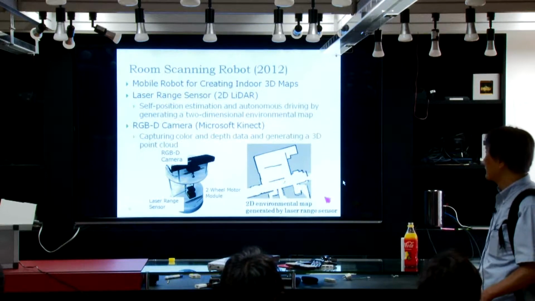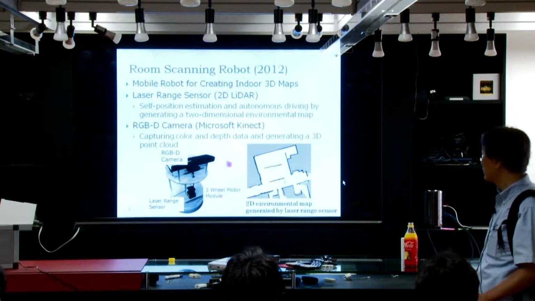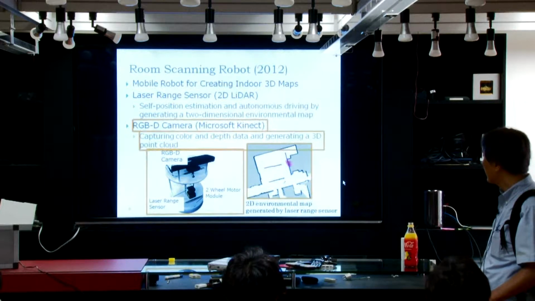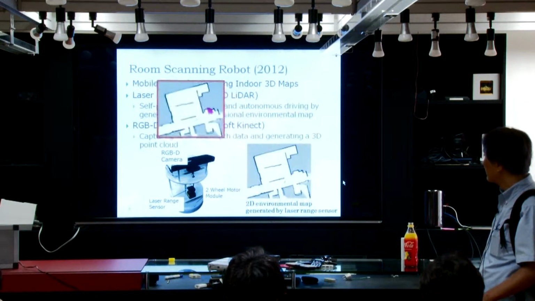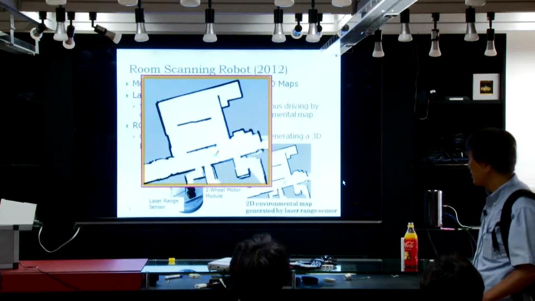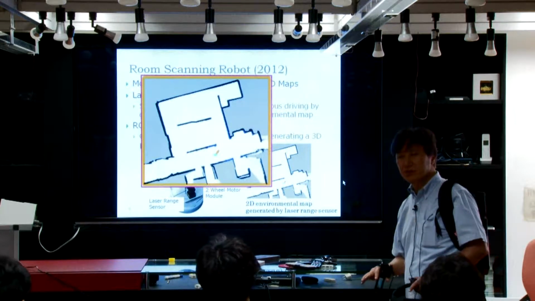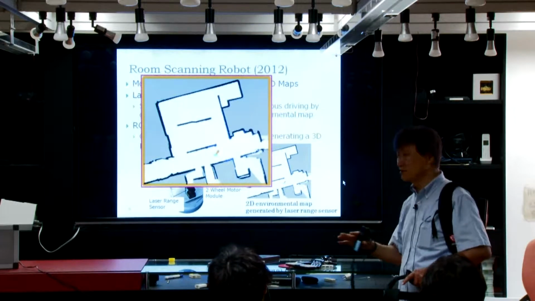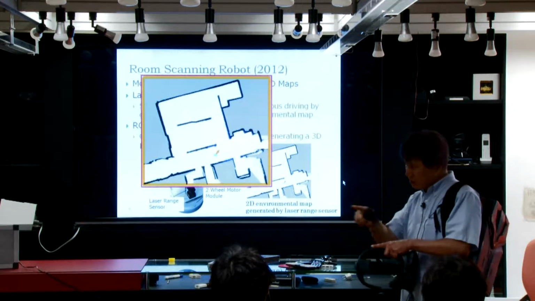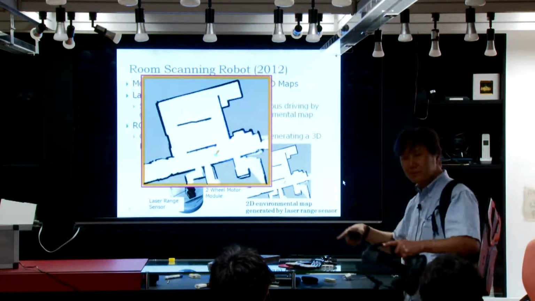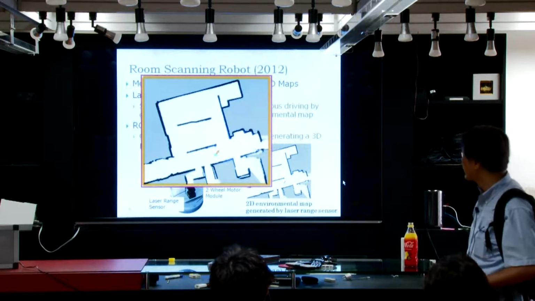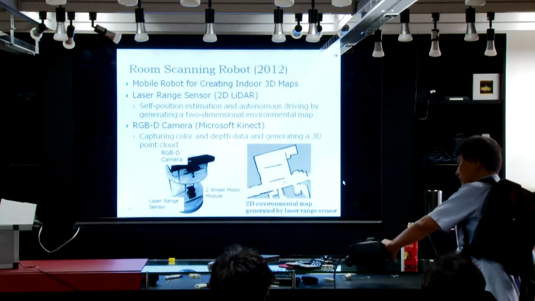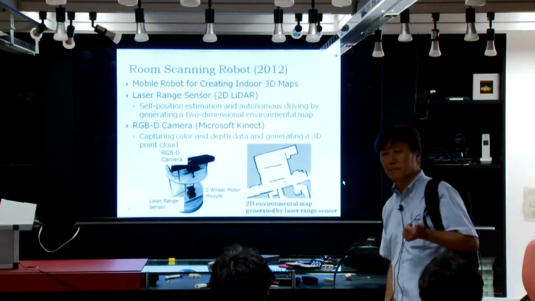It's a common technology to create a 2D map like this. It's a very basic technology to create a map and estimate the current position and direction of a robot. I think you have already studied this kind of technology.